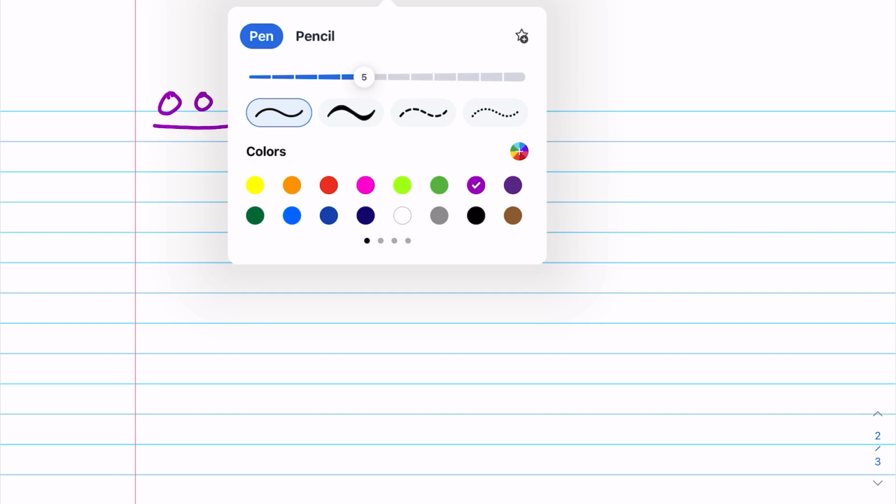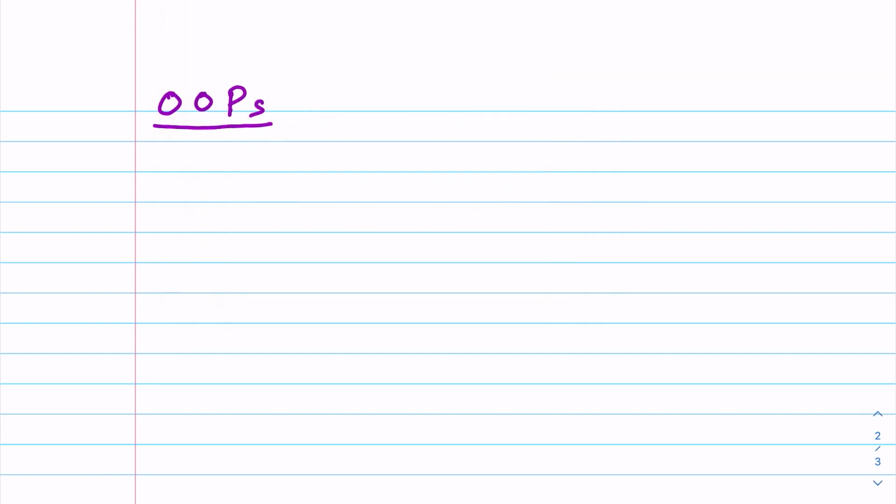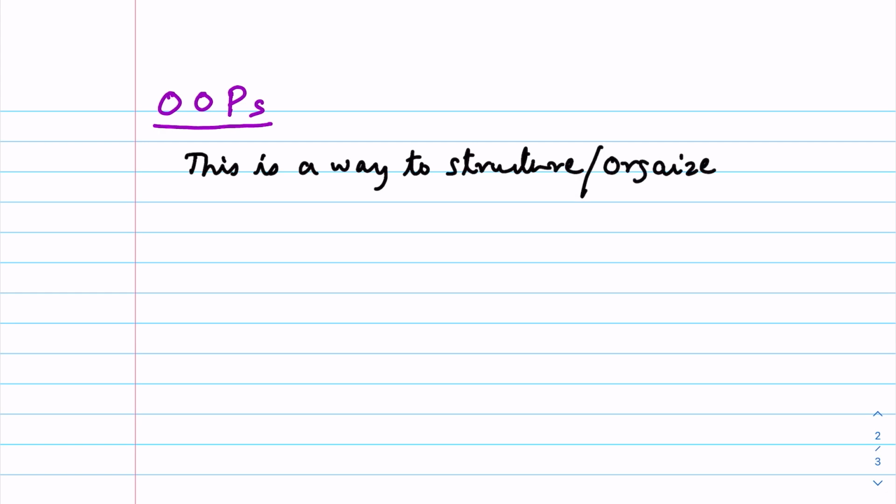As a part of low level design, let's see what object oriented design patterns, or OOPS, are. This is a way to structure or organize code.